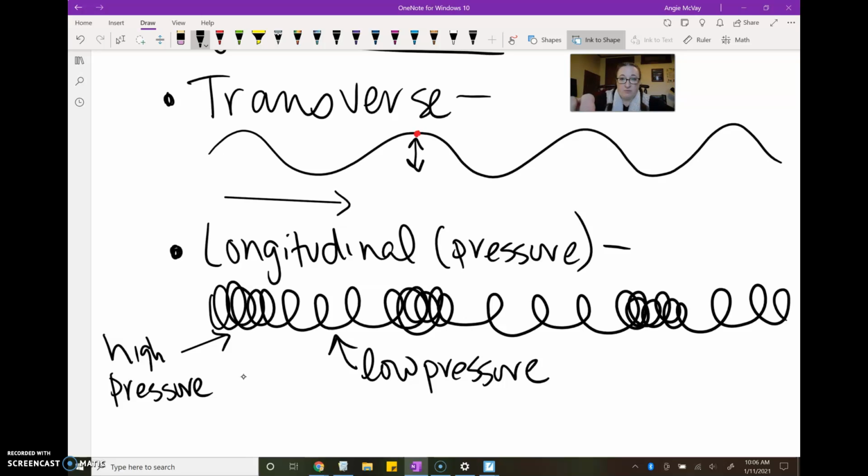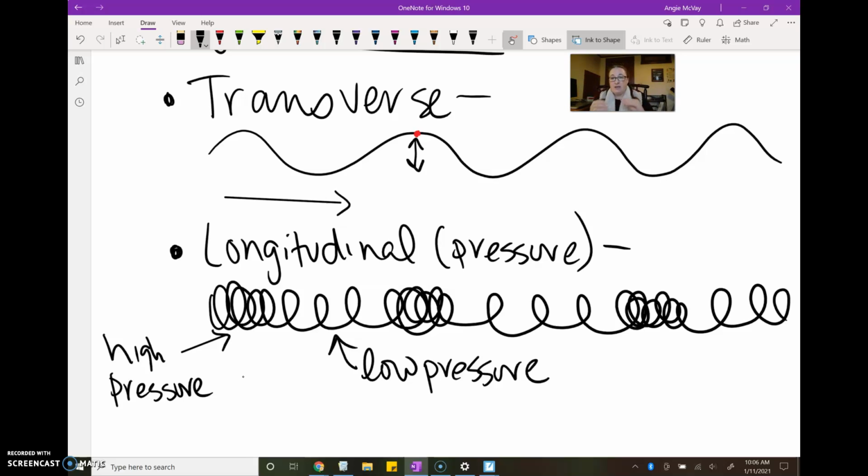What that is intending to show is that there is a pulse or a region of high pressure that is traveling through a wave.